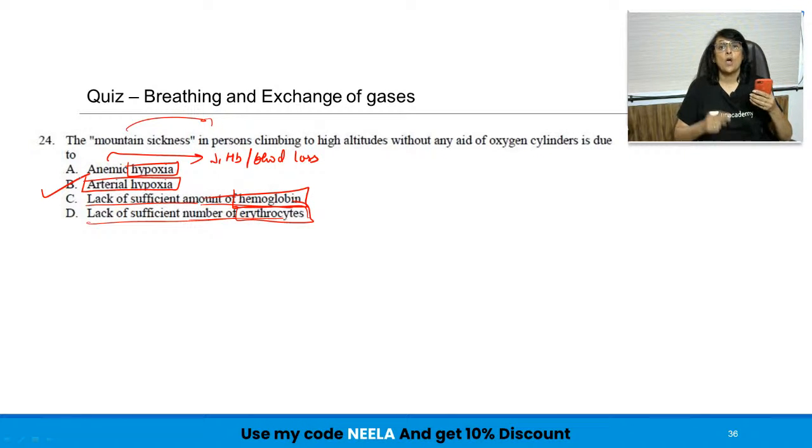The blood which is oxygenated will not be sufficiently oxygenated, and that results in mountain sickness, nausea, headache, vomiting sensation and all those things. Clear? The word anemia is used if there is low hemoglobin or there is some kind of blood loss. Then that condition is called anemia.